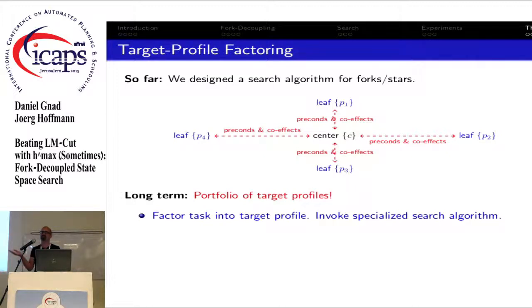The long-term vision here is, given any input planning task, just select whatever structure and factoring seems to fit it best, and use the specialized combinatorial search algorithm for that. If you will, this is a way of using domain-dependent planning without having to focus on a particular application. Instead, we just focus on a particular structure. So this is a path that I think is very fruitful, very useful to look into.